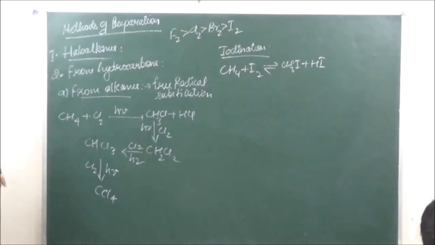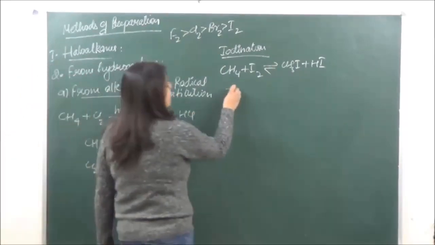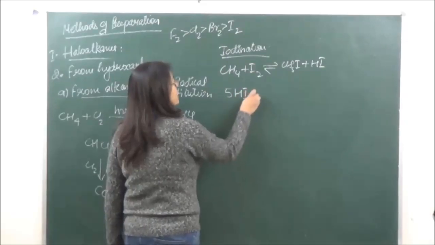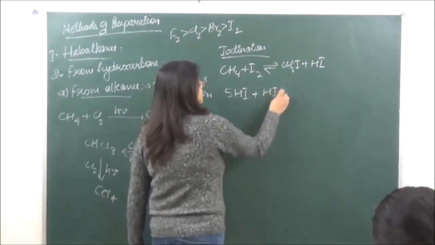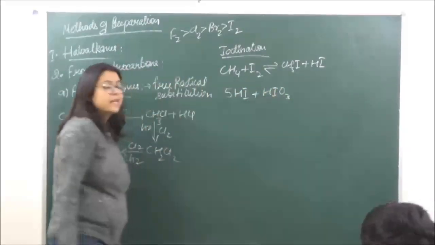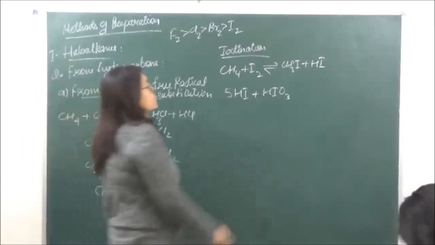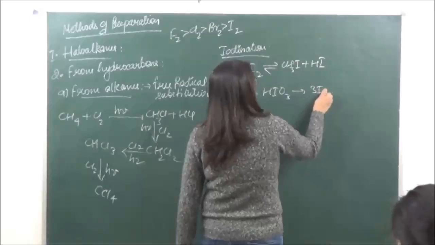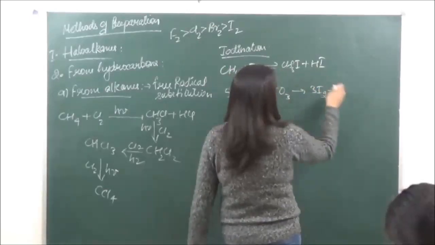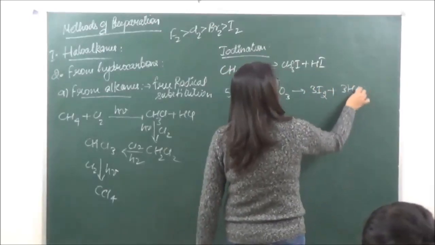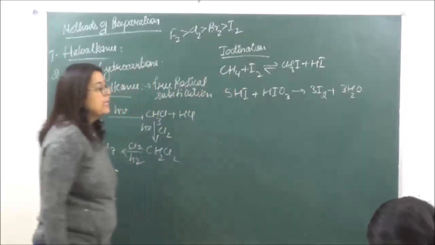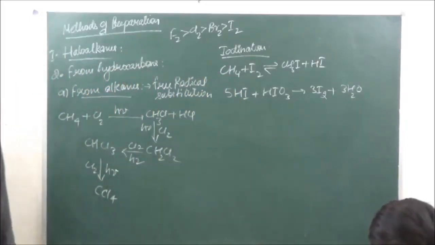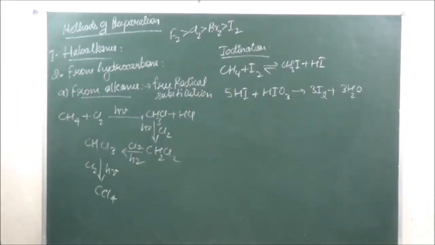In order to avoid that, we have to immediately remove the HI, which can be done by reacting it with iodic acid. ठीक है, so इसको हम HI को यहां से remove कर लेते हैं such that the reaction does not go in the backward direction, and this can be done by reacting it with iodic acid. Is it clear?